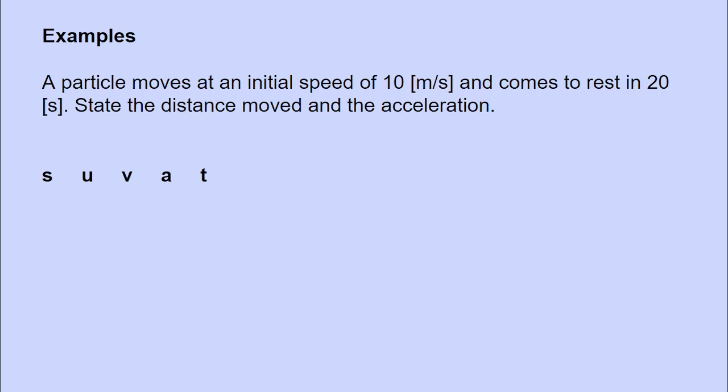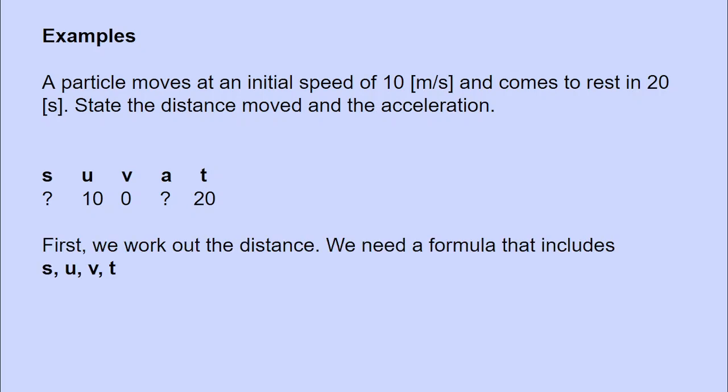Let's take a look at which of the values we know. We know u equals 10, v equals 0, because it says it comes to rest in 20 seconds, and we know t equals 20. Let's work out the distance first. We could also work out the acceleration first, but in this example, let's find out s.